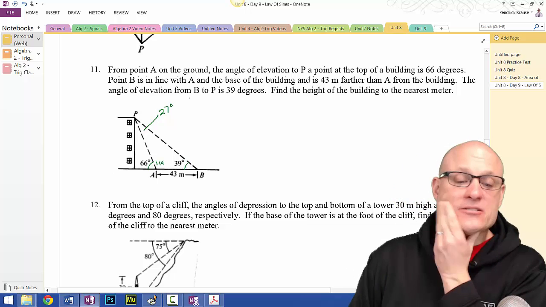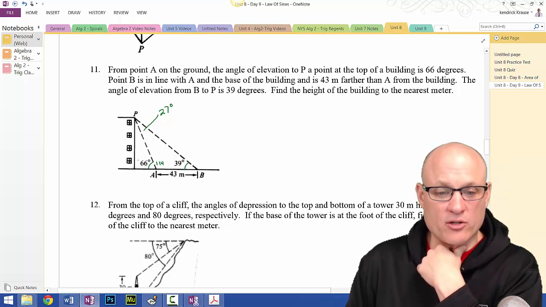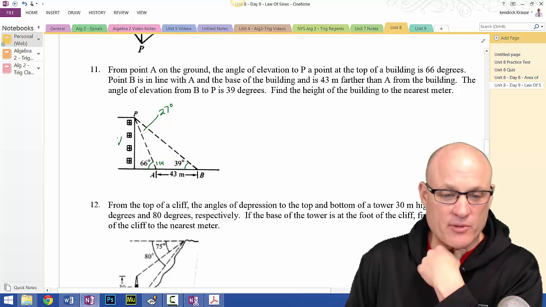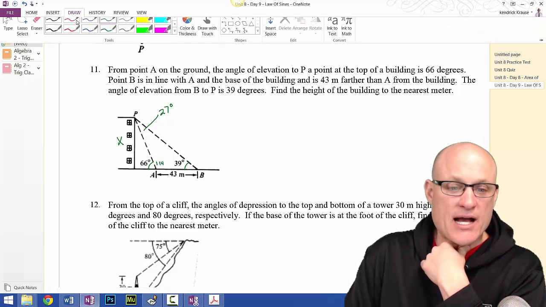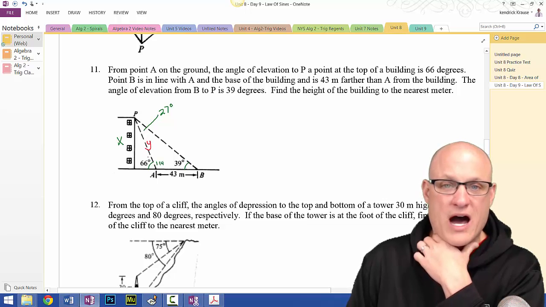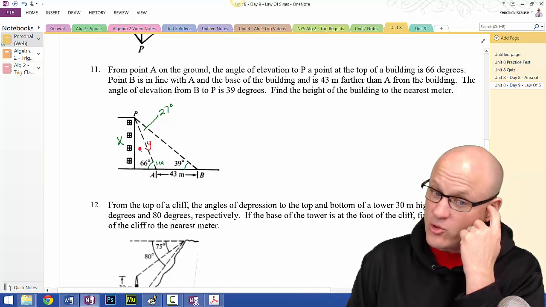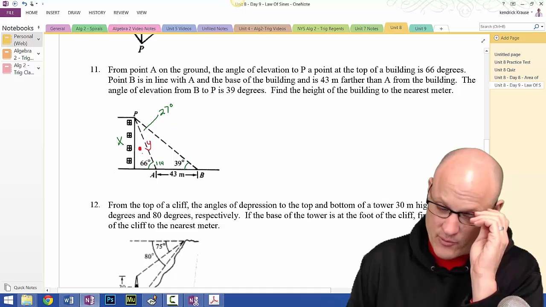Why am I doing this? Because I don't have enough information in this small right triangle over here. I want to find the height of this building. That's my goal, is to find x. I cannot find x directly, so what I'm going to try to do is find y. Y would then get me into this triangle off to the left. I just don't have enough information to find x.